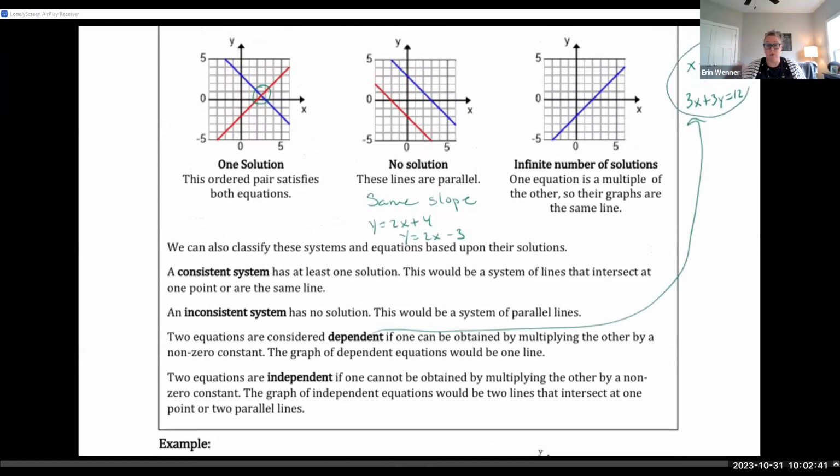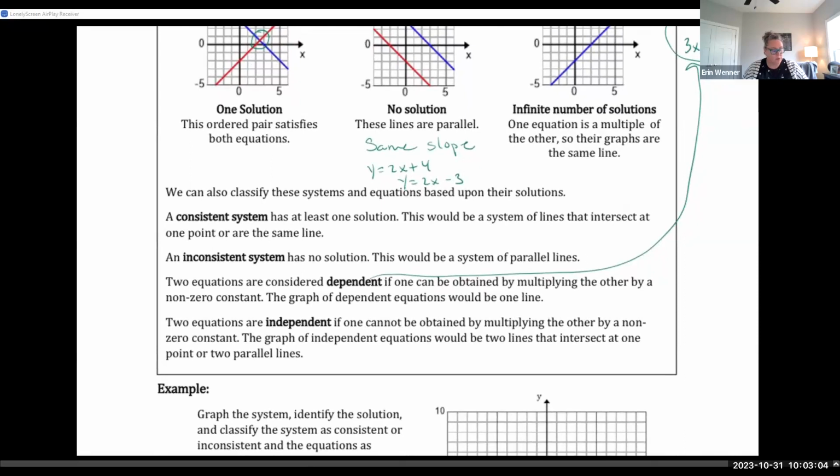One is a multiple of the other. Then two equations are independent if one cannot be obtained by multiplying the other by a non-zero constant. The graph of independent equations would be two lines that intersect at one point or two parallel lines, okay?